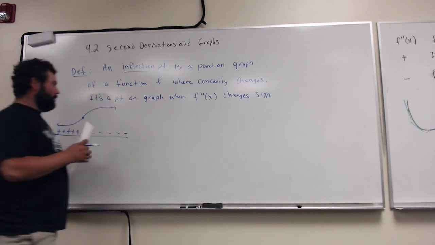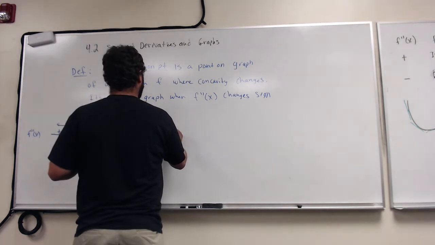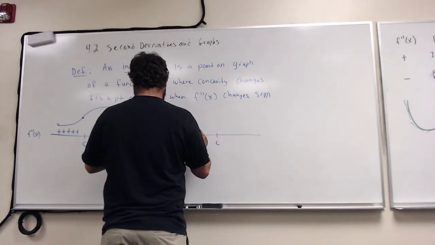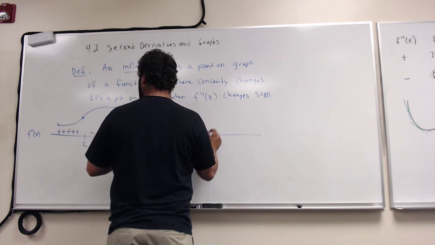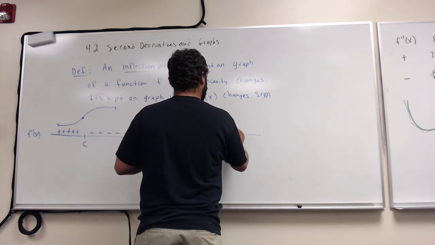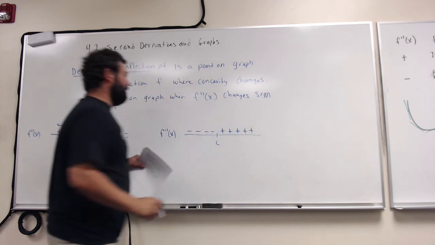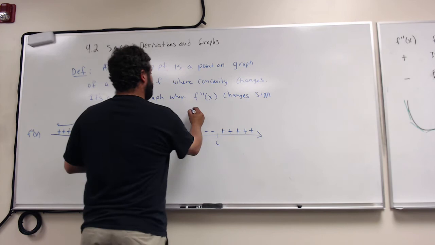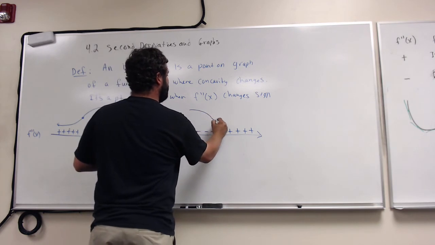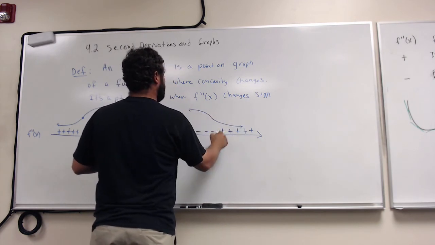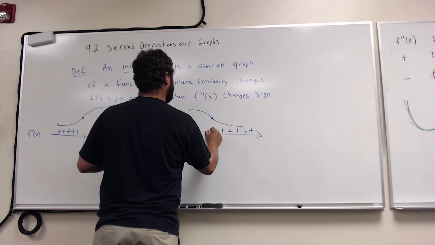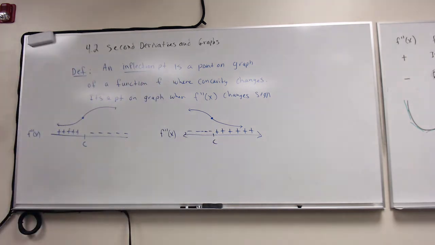Or this time maybe you're going minus, minus, minus, minus, plus, plus, plus, plus, so the second derivative changes sign at c from negative to positive. Instead, though, the function might always be decreasing. Oops, my c should have been more right here. Okay.